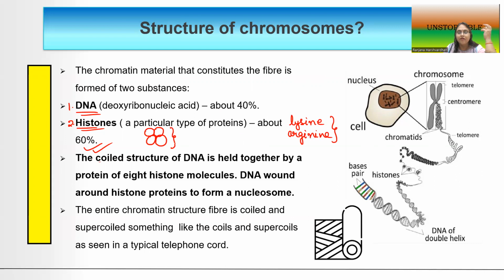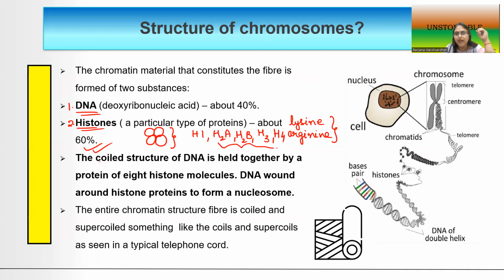You can imagine the histone proteins like a football which has four small balls inside it. These histone proteins are in the form of subunits: first is H1, then H2A, H2B, H3 and H4.